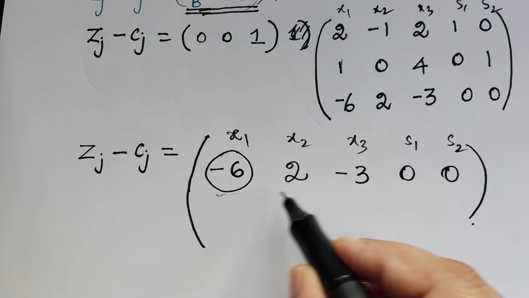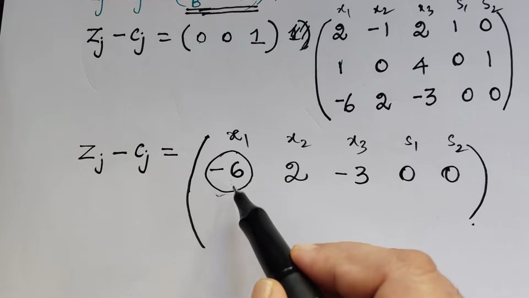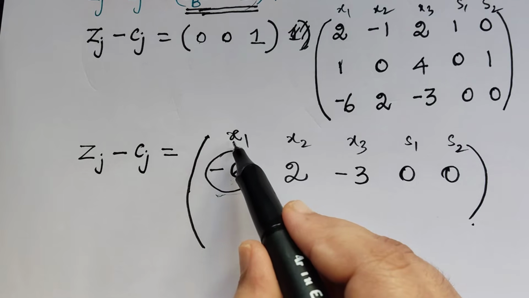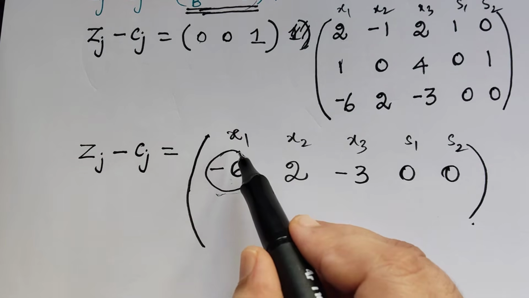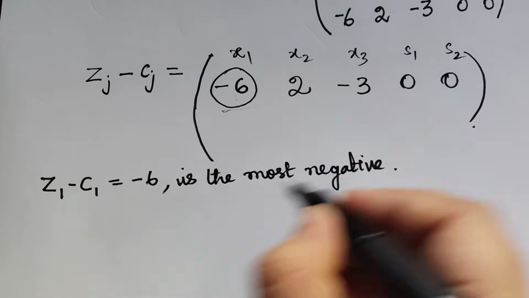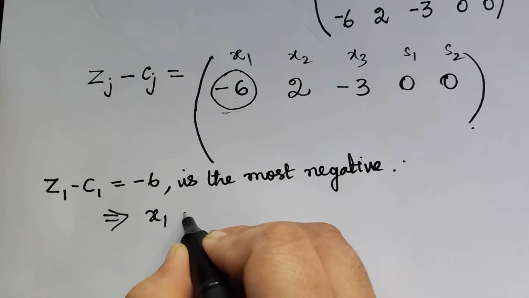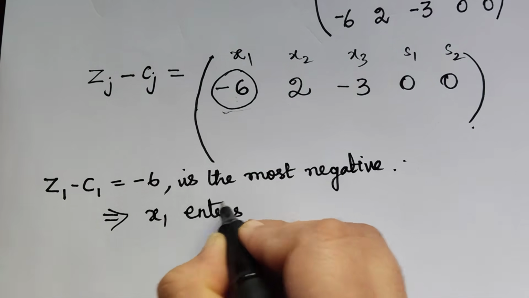So similarly here also. Minus 6 is the most negative, and it corresponds to the first column, that is x1. So since minus 6 is the most negative, x1 enters the basis.